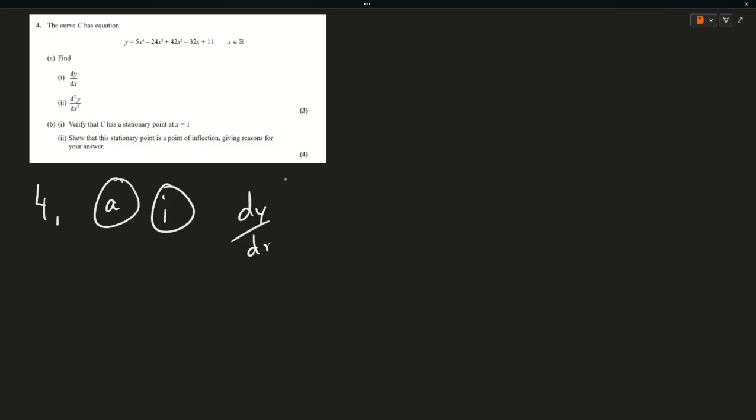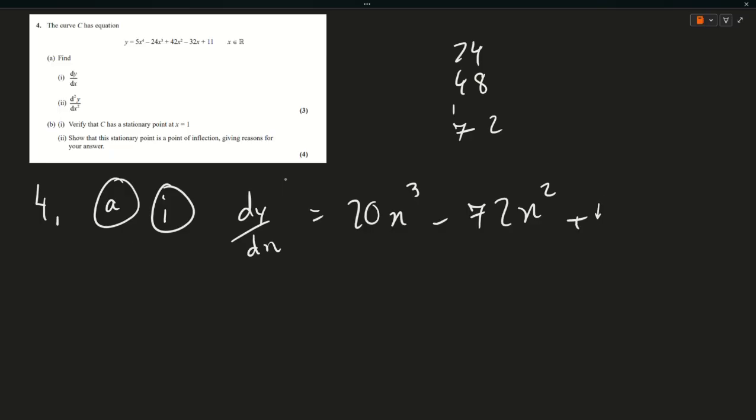So dy dx is equal to 20x cubed minus 172x squared plus 84x minus 32.